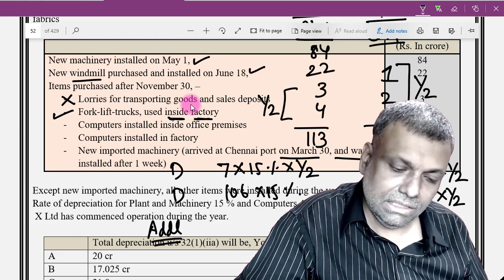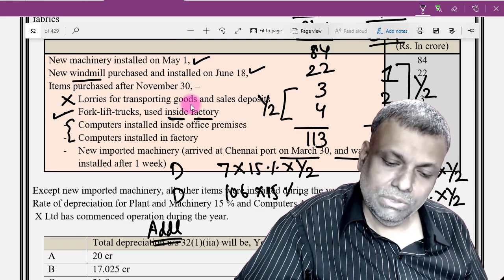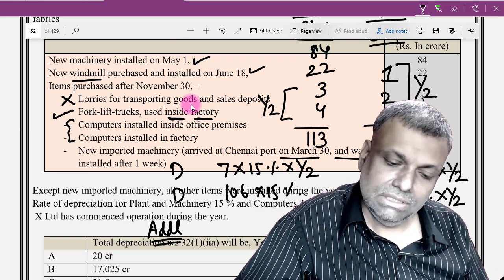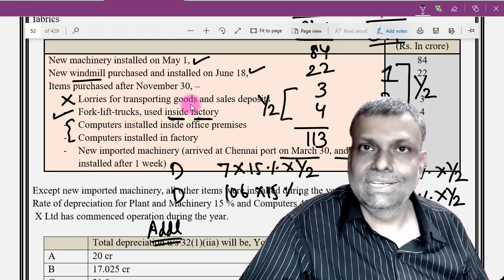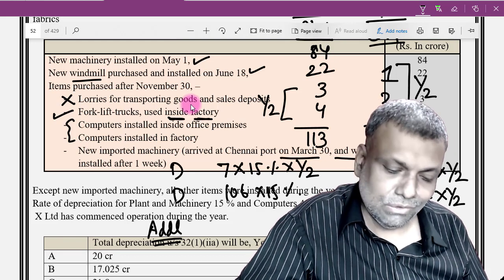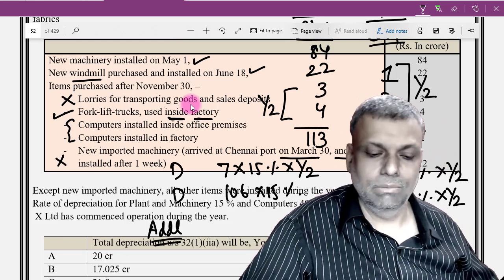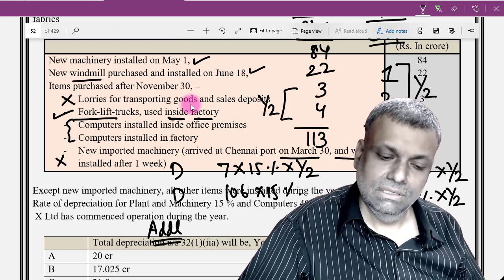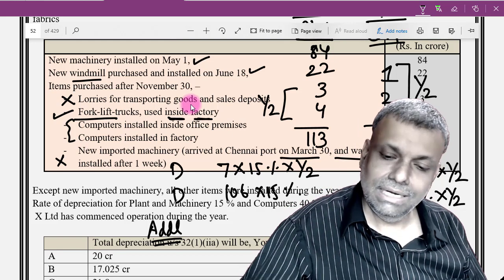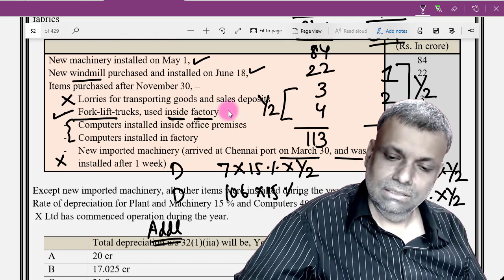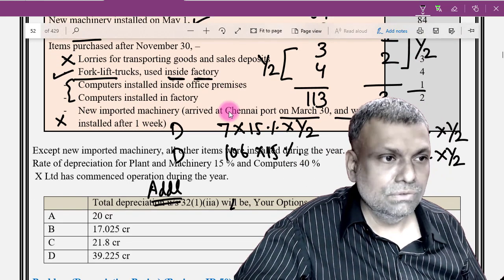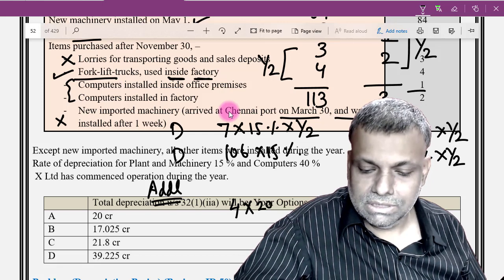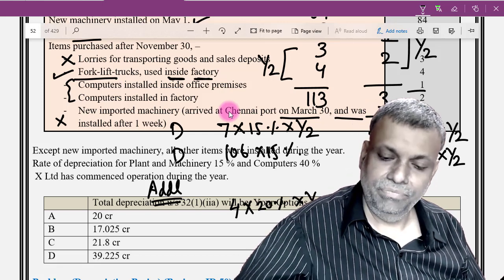Now computers we have already considered. Then the new imported machinery which is arrived at this. So anyway, we have said that this particular asset is not used only, so no question of any such discussion ever coming into the picture. So you will get additional depreciation on the forklifts. So how much is the forklift? That was half the rate. Okay, so forklift was 4 multiplied by 20% multiplied by half the rate.